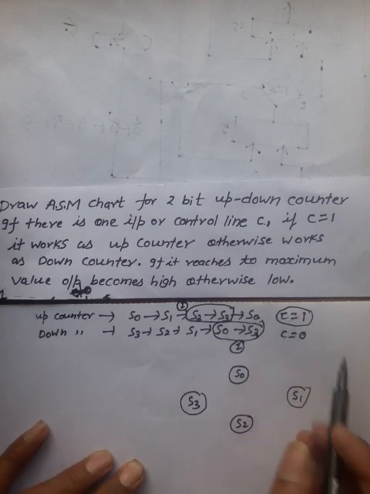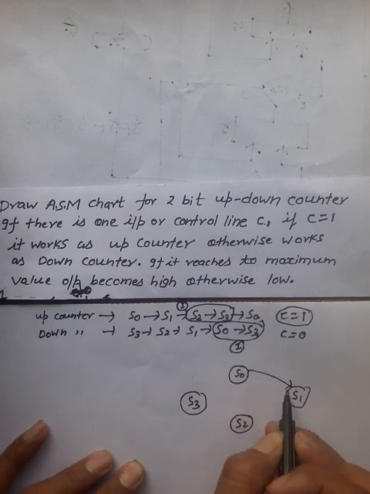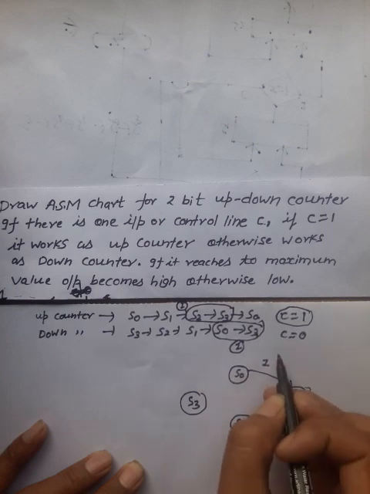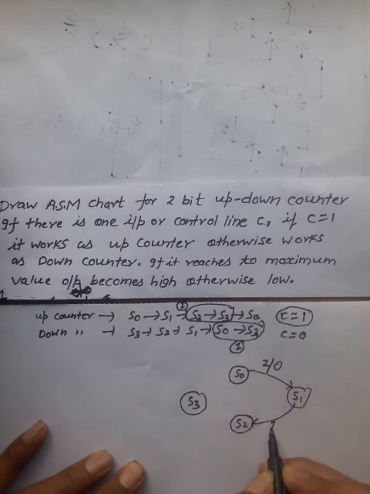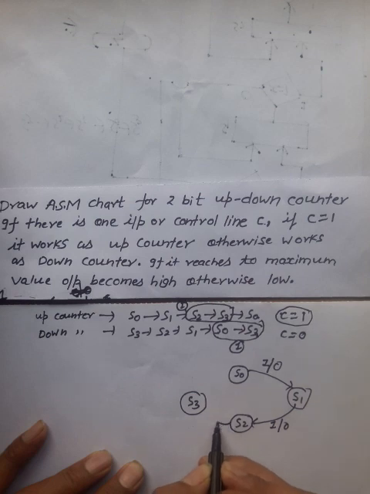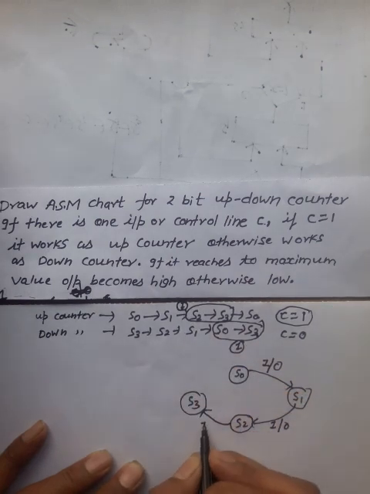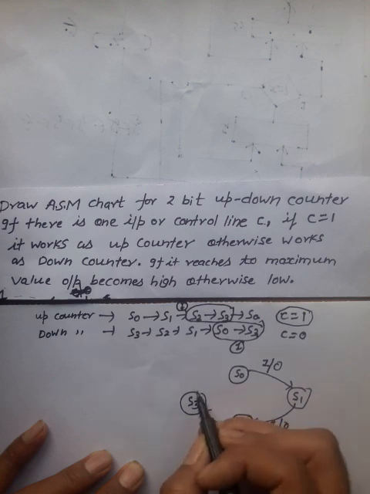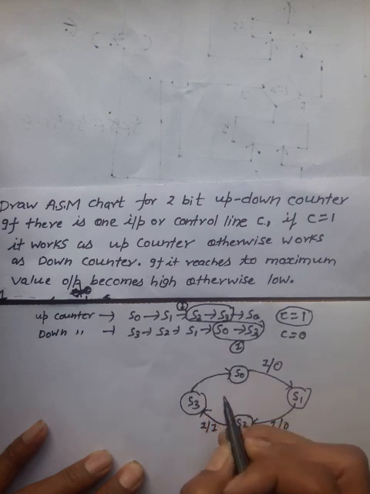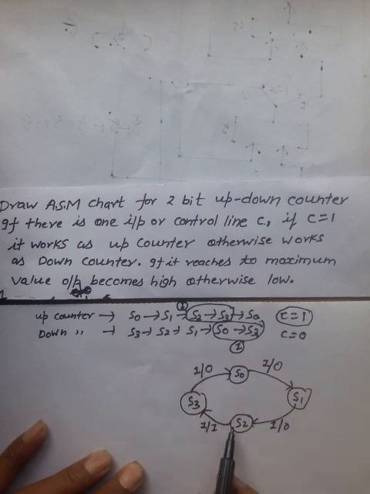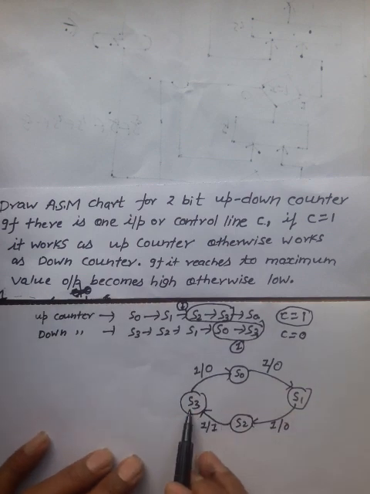When value of C equal to 1, output is 0 for S0 to S1, 0 for S1 to S2, then S2 to S3 is 1, and S3 to S0 is 1, 0. When it reaches the maximum value, this S3 is the maximum value.